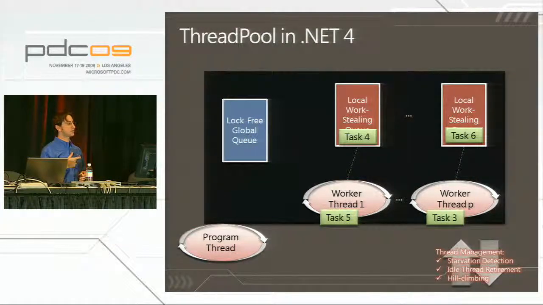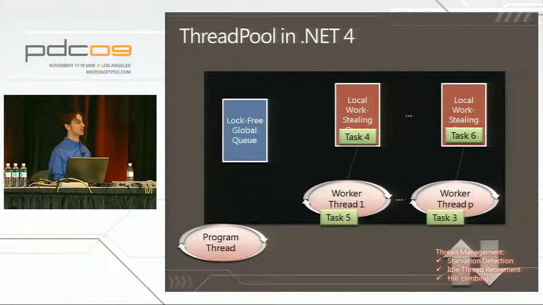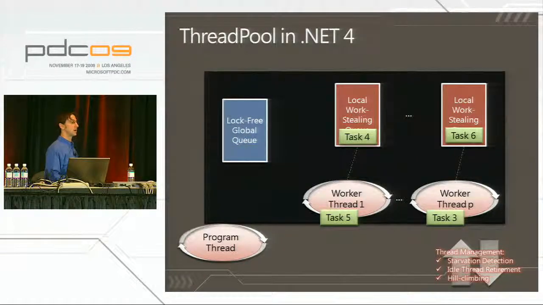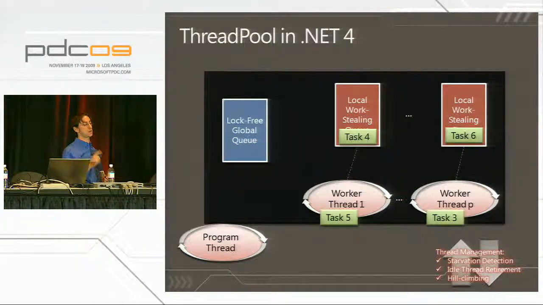However, the intricacies of the work stealing algorithm, and there are very good papers on this, which I encourage you to go read if you're interested, it's a lock-free algorithm that basically allows, in many cases, in the worst case, worker thread 1 does have to take a lock. In the typical case, it has to use basically one interlocked operation. And in the best case, it might not have to use anything. Although, that's true for our concurrency runtime in native. On the managed side, I'm pretty sure the best case is we still need at least one interlocked operation.